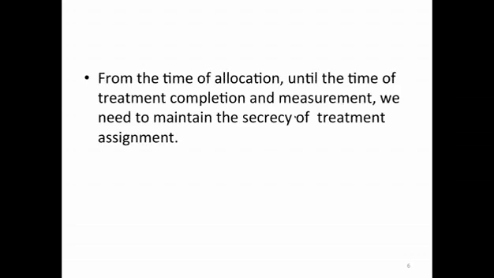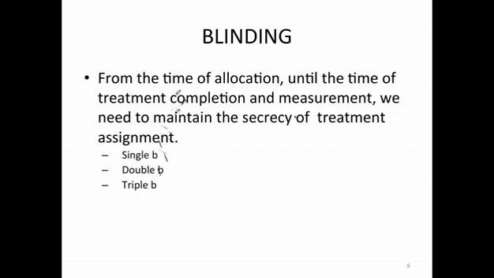Hence, from the time of allocation until the time of treatment completion as well, we need to keep the group assignment secret. This is called blinding. In single blind trials, either the patient or clinician remains unaware of the treatment assignment. In most cases, single-blind trials keep the patients blind. In double-blind trials, both the patient and the investigator are unaware of the allocated treatment.